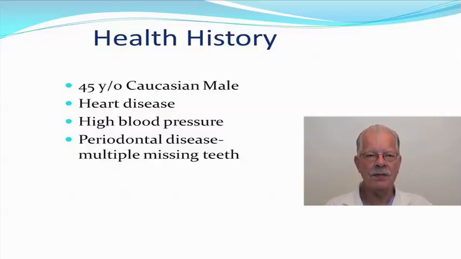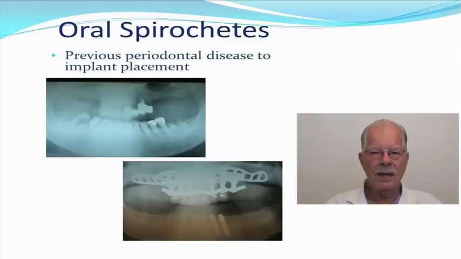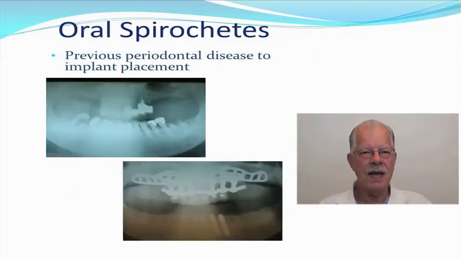But his health history included heart disease and high blood pressure, and he presented to the office with these snags of teeth. I could barely find one good tooth in his mouth. It was very severe periodontal disease, and he already had many missing teeth and a lot of bone abscesses.